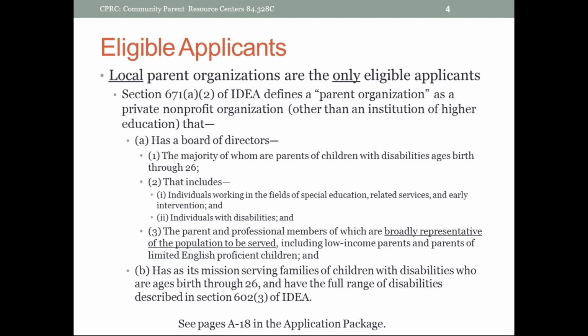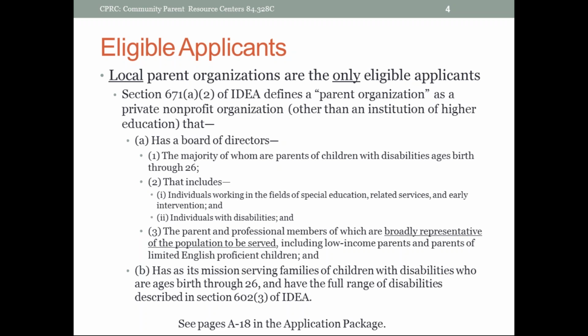But if your mission is very narrow, for example, your mission is only to serve families of children with autism, or only to serve families of children with Down syndrome or other disabilities, that would not make you an eligible applicant. We're very, very clear that you have to serve all families of children with the full range of disabilities as laid out in the Individuals with Disabilities Education Act.